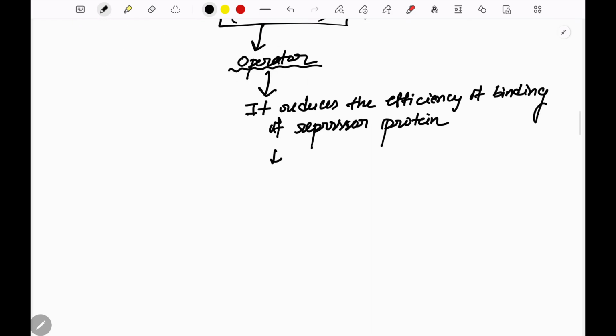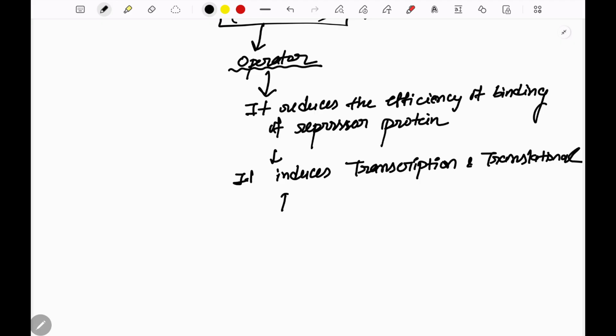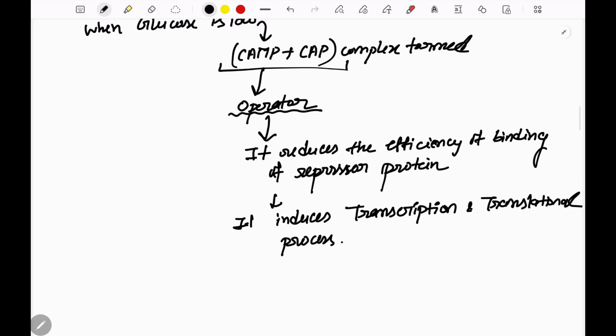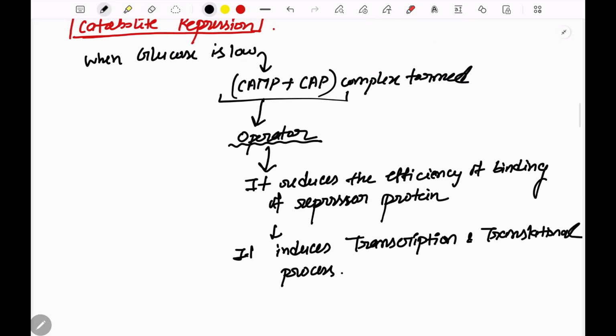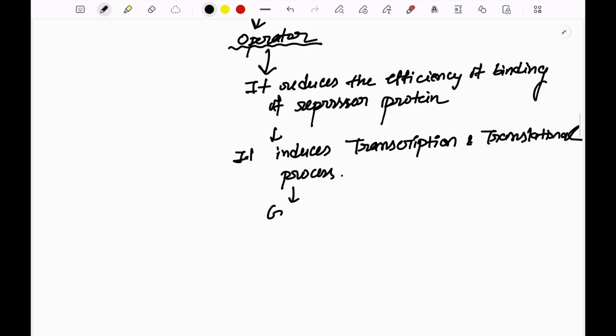Hence, it induces the transcription and translational process. And obviously the complex is formed because the glucose amount is low.